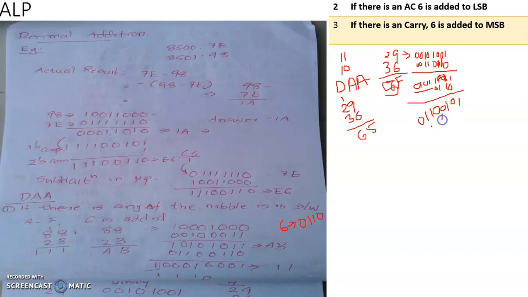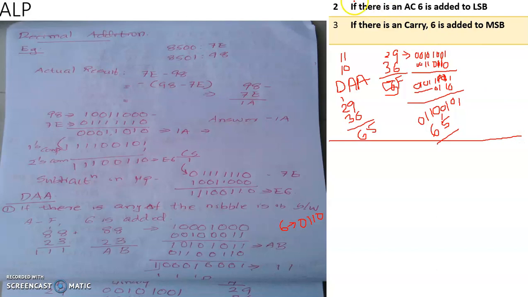So this becomes 6 and this is 5. So the result is 65 in decimal, which would be 5F in hexadecimal. So this is about rule number 1.